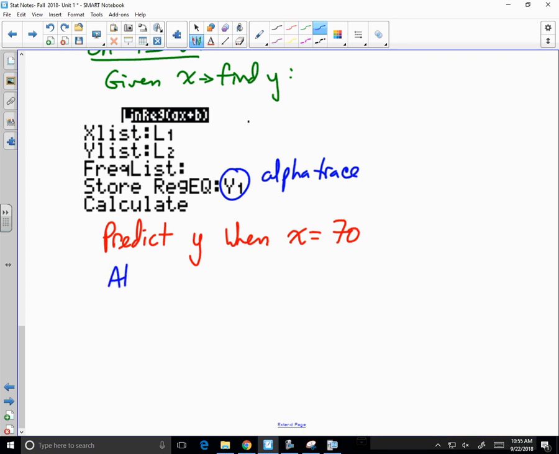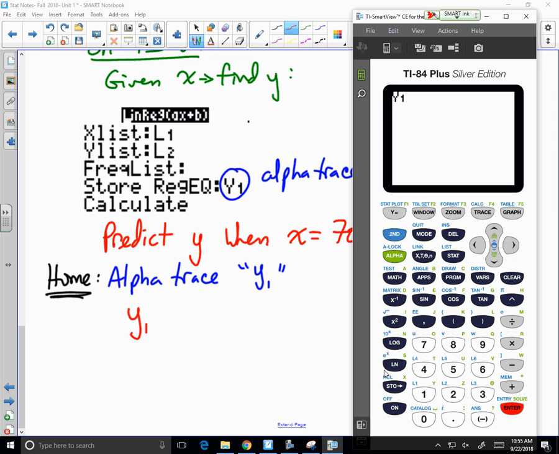And this is in your home screen. So in your home screen, you now have y1 and a blinking cursor right after it.